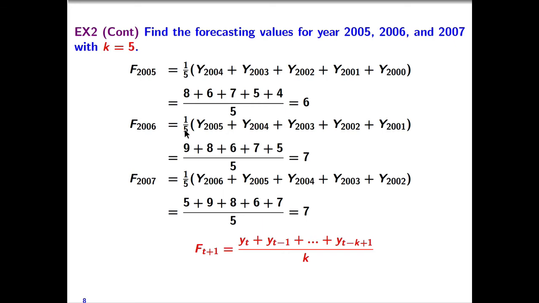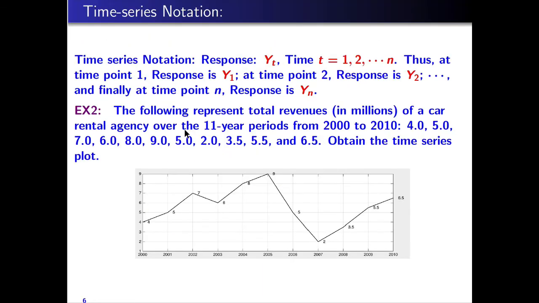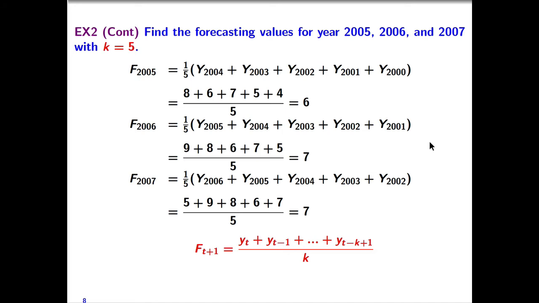So again, you go back to your data set, and this time it's for 2006. Your data points start with 2005. So you have 9 plus 8 plus 6 plus 7 plus 5 over 5. And that's how you get this 7 as your forecasting value for 2006.